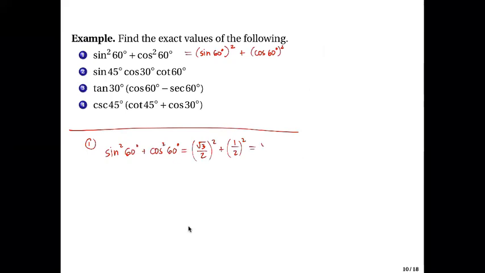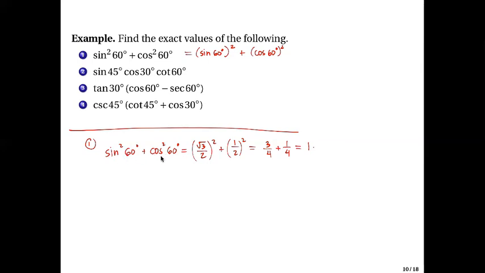And this is equal to 3 over 4 plus 1 over 4, which is equal to 1. That's one way to solve this.